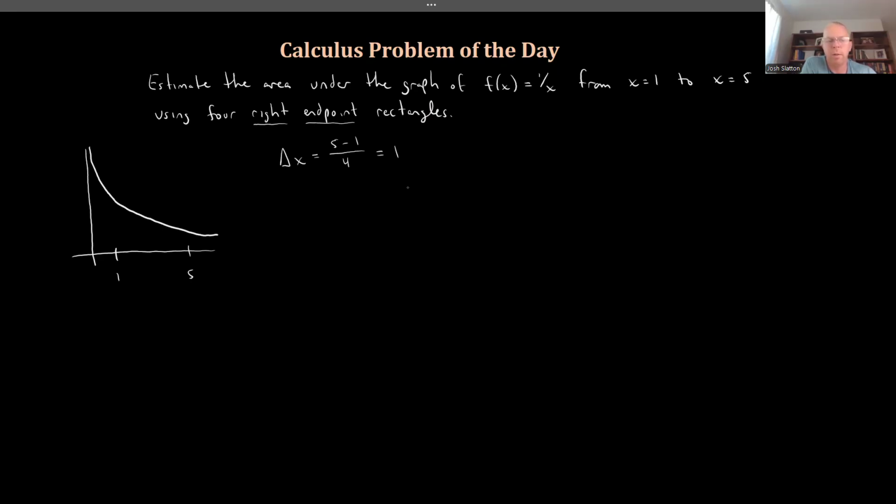And so what this tells us is we're dividing this area from 1 to 5 into four slots. We can pretty easily do that by just looking at the rectangle that goes at each integer between there.